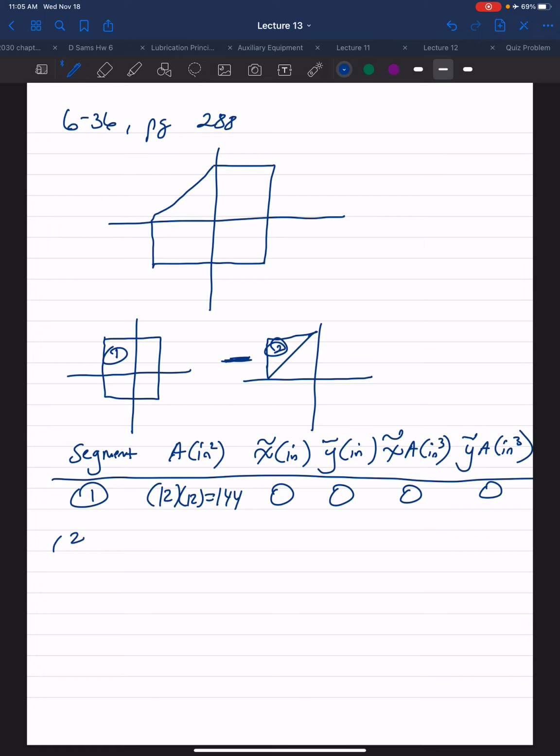For segment 2, the area of the triangle, remember we're subtracting it out here, will be negative 1/2 the base times the height. The base is 6 inches. The height is 6 inches. The coordinate of segment 2 in the x direction, remember it's 1/3 on the large side, so let's make this a little bit clearer to see.